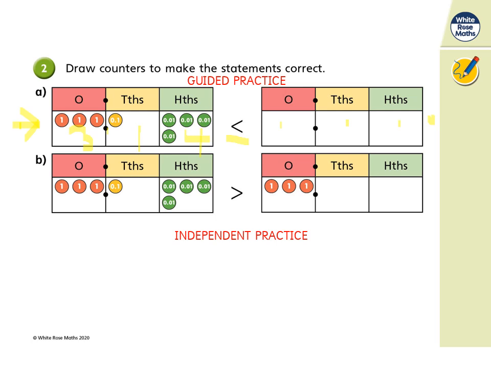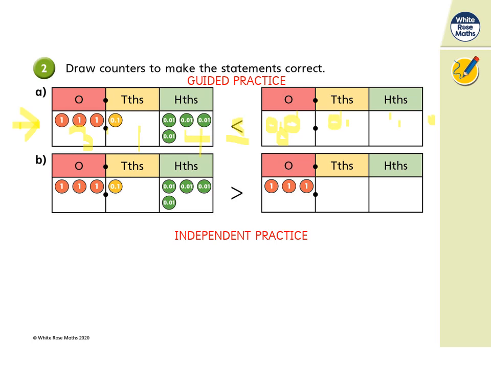So if the crocodile wants to eat the largest amount, I'm going to have to make sure that I put more counters in this column. So in my ones column, I have 3. I could still have 3 counters in my ones column. But what I could think about now is adding more counters to my tenths.